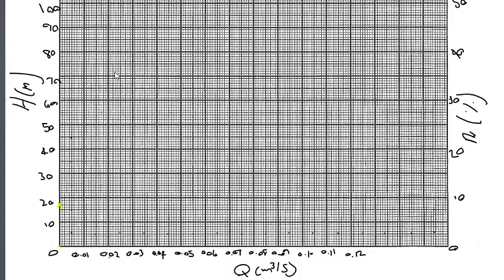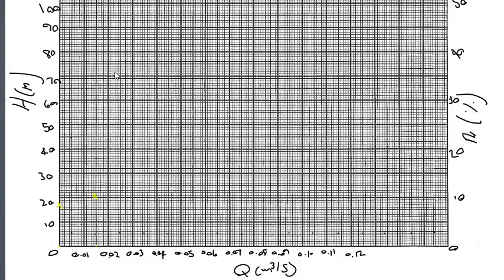Then our next point would be at 0.015. So that will lie here. It will move all the way up to 20.313. So that will lie somewhere there. Then our next point would be at 0.025.